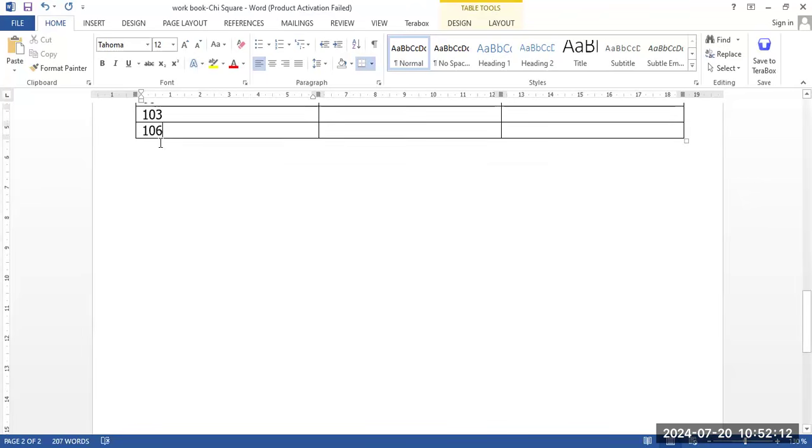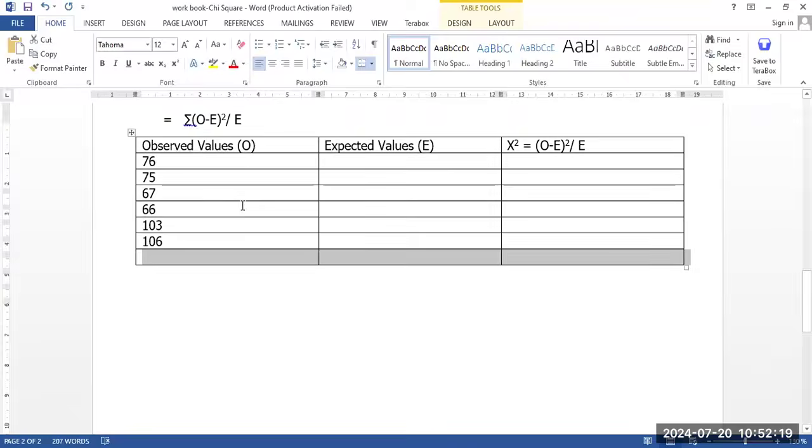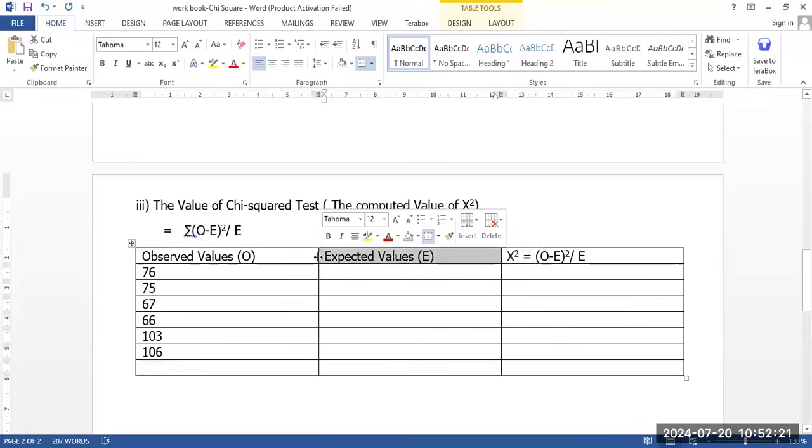Perfect. So you do the same for your expected values.